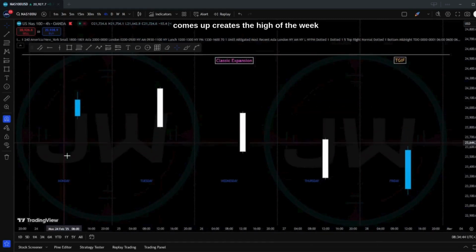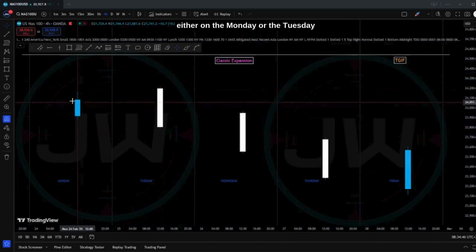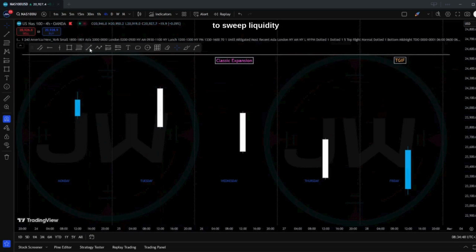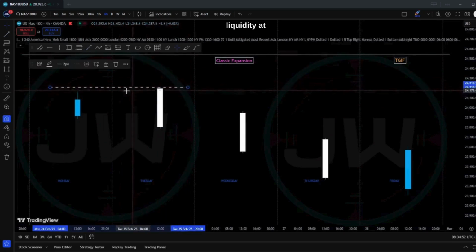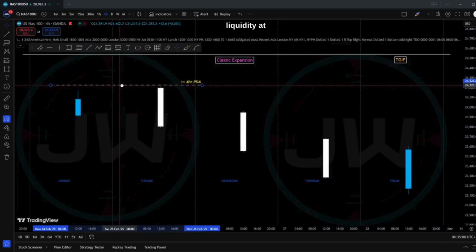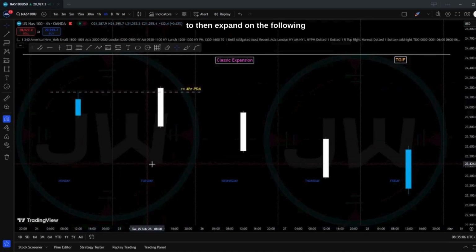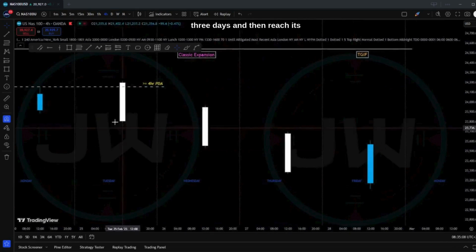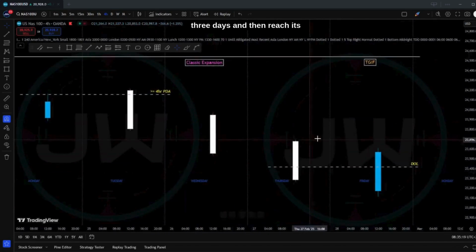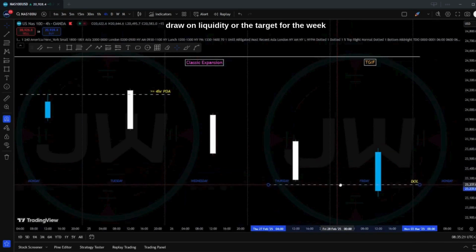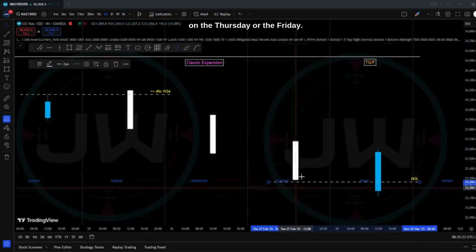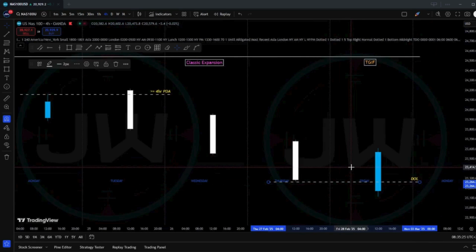Price comes up, creates the high of the week either on the Monday or the Tuesday to sweep liquidity at a 4-hour or greater PD array, to then expand on the following 3 days and then reach its draw on liquidity or the target for the week on the Thursday or the Friday.